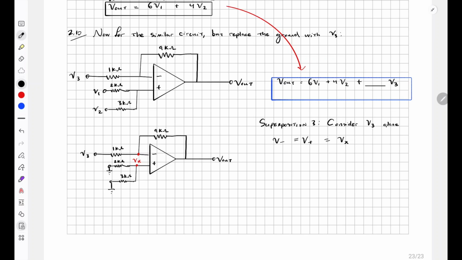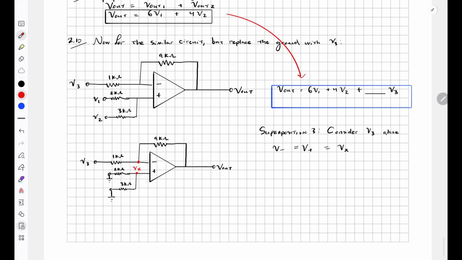Very similar thing going on: because this bottom part is connected to these two grounds, we will hold off on analyzing that for the moment. Let's just look at the top path for now.